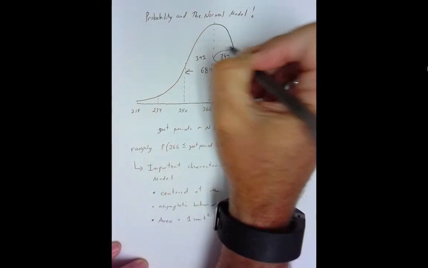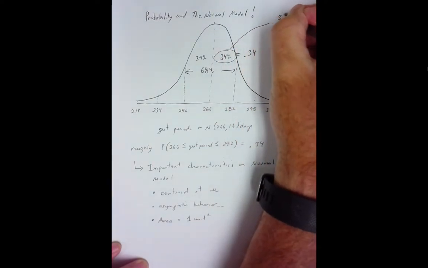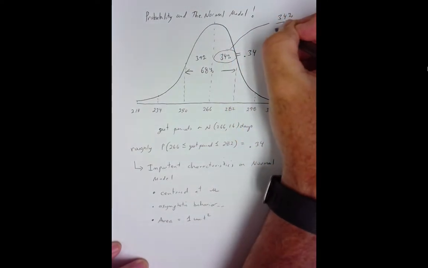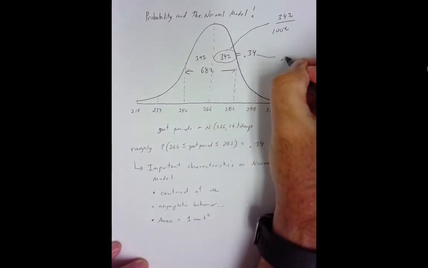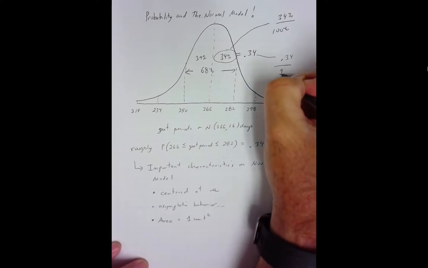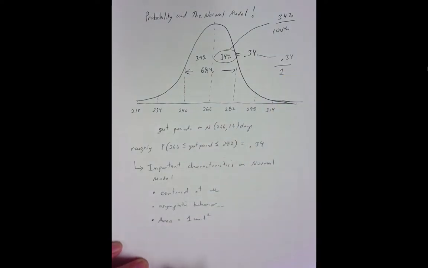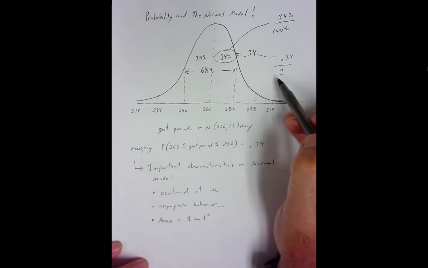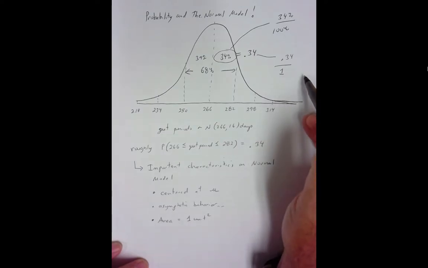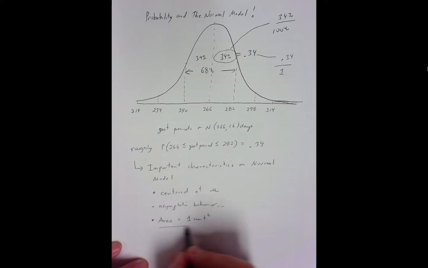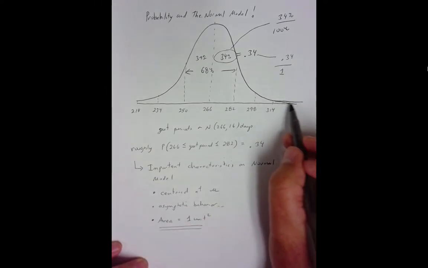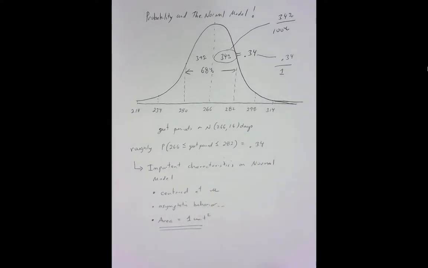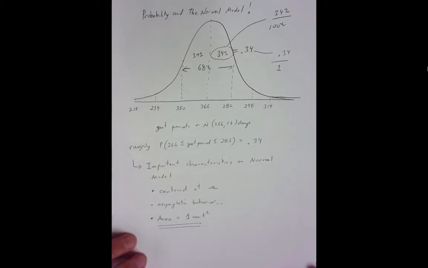So if I think about this in terms of percentages, this probability is 34% out of 100%. If I think about it in area, I have 0.34 of the area over 1, so the probability is 0.34. Either way, you end up at the same answer of 0.34, okay? But the important thing we need to know is that even though the curve doesn't touch the x-axis, the area under the curve is 1 square unit.